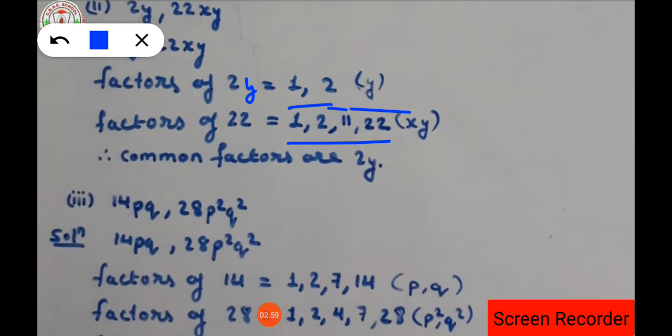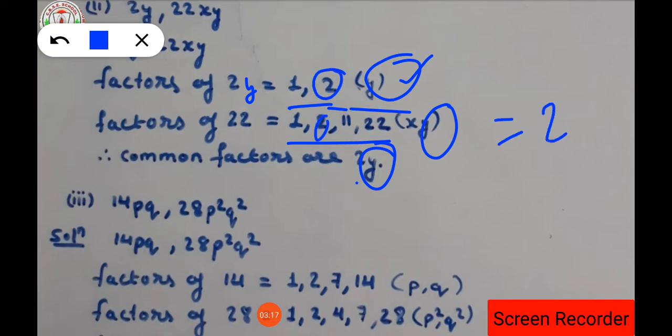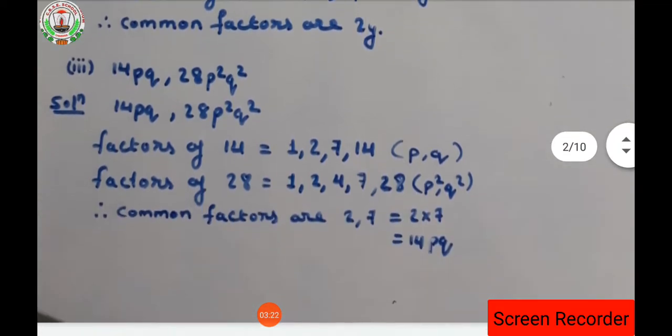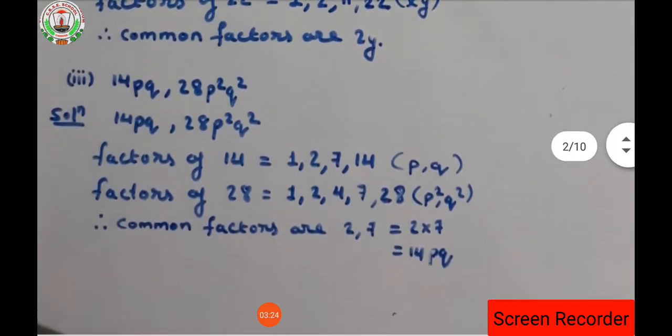Now what is common in both? Here y is common; we have to see the alphabets also, which should come in both. Y is coming in both, so y is common. Now 2 is common for both. So the common factor for both is 2y. Clear?